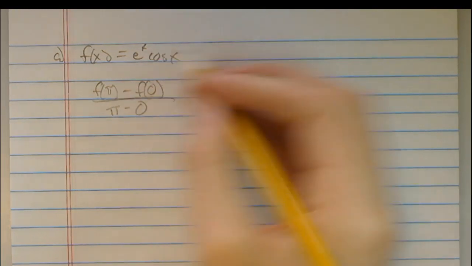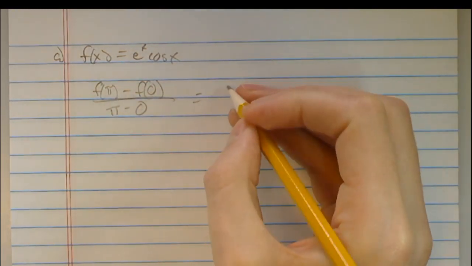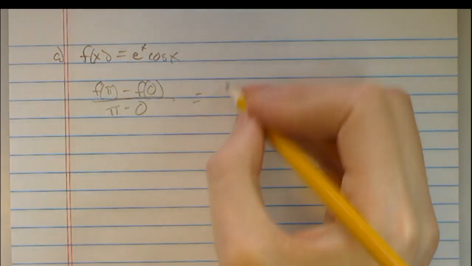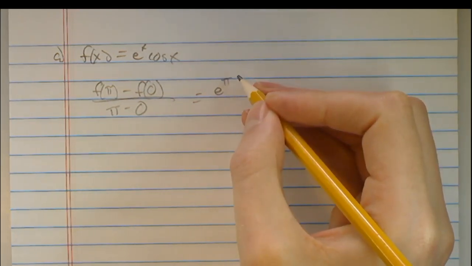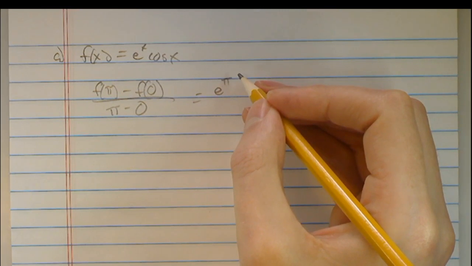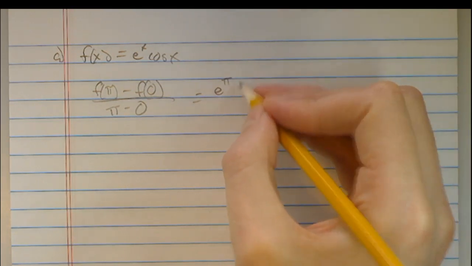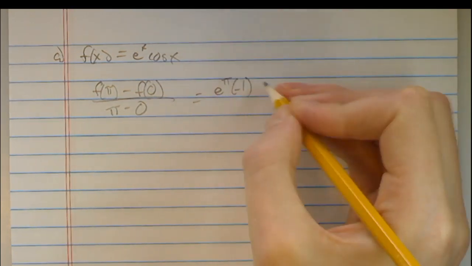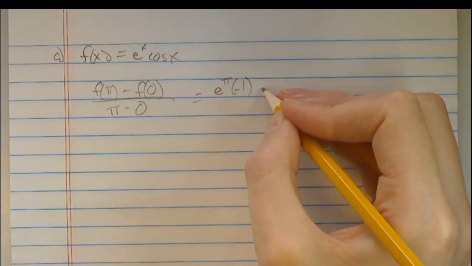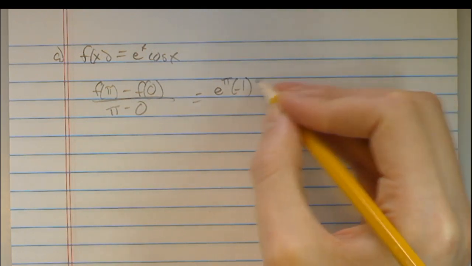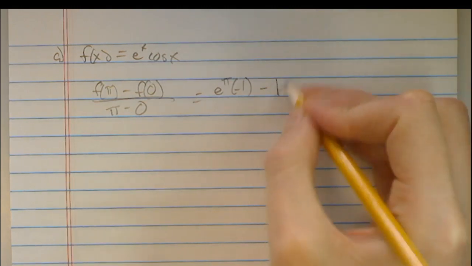F of pi in this case is e to the pi cosine of pi. Cosine of pi is negative 1. Minus f of 0, so that's minus e to the 0, which is 1.